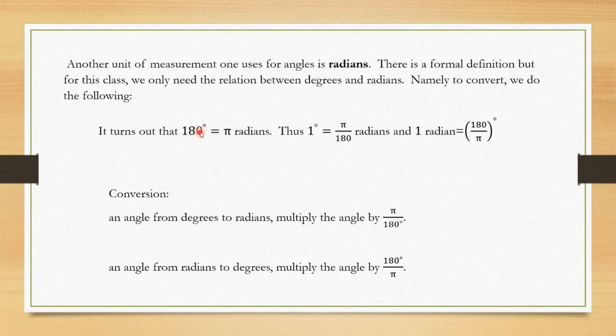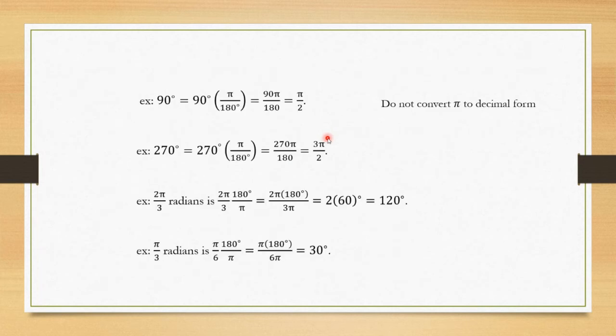This is 180 degrees. People don't really write down radian. Usually it will be clear from the context that this is an angle. And if you don't see the word degrees or a symbol like this little circle that the laser is almost covering, then it's understood to be in radians. So, again, don't convert pi into decimal form.